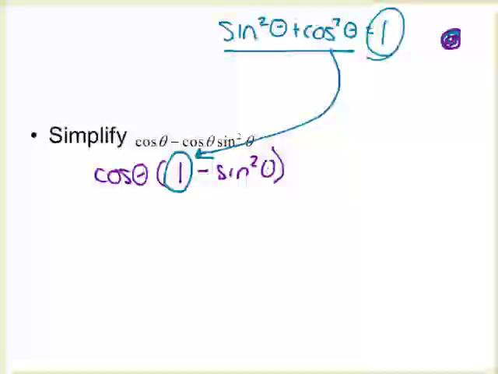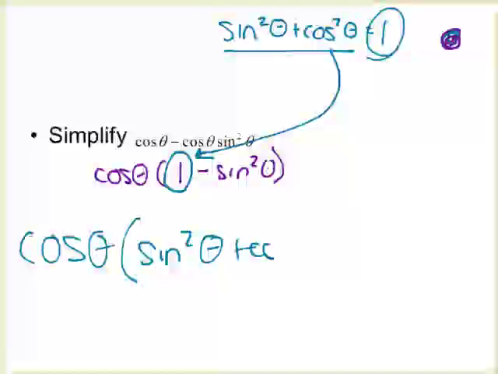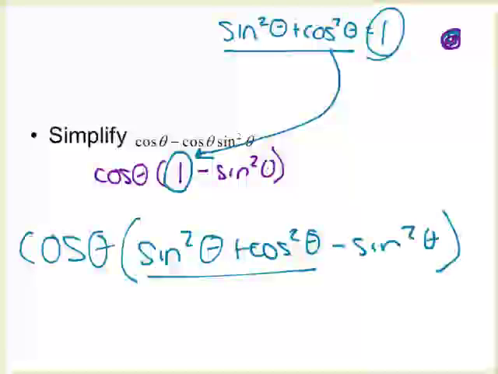So that 1 is going to get replaced with a sine squared theta plus cosine squared theta. Everything else is going to stay just the way it was. Now, why does that help me in the long run? Because it gets rid of a sine squared.